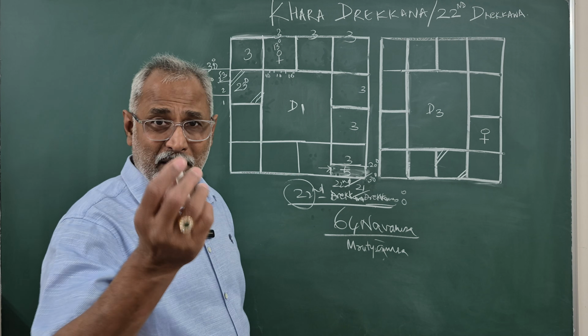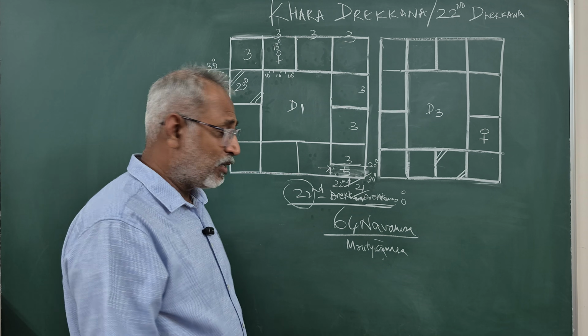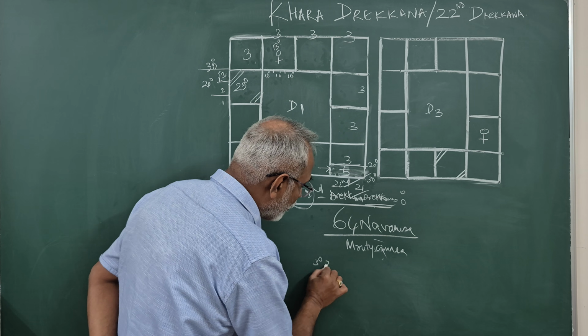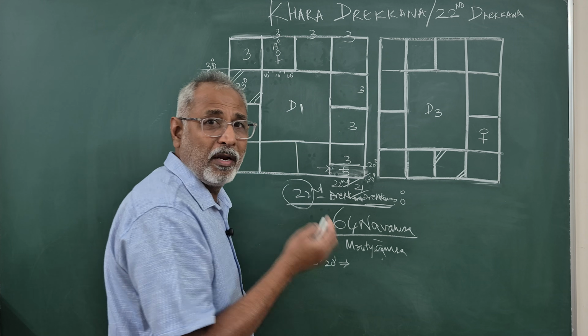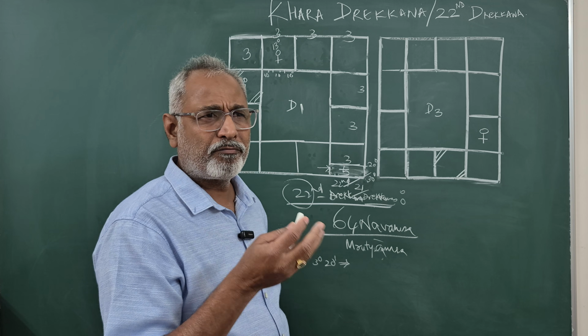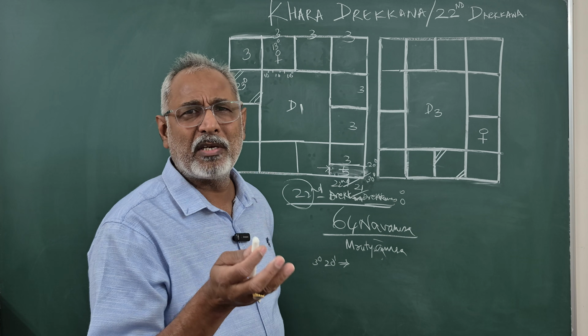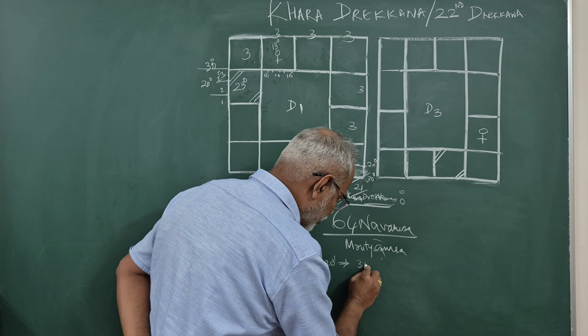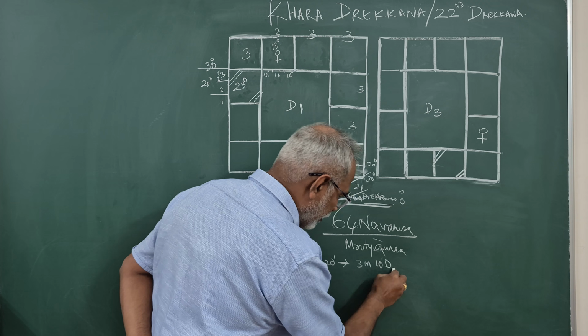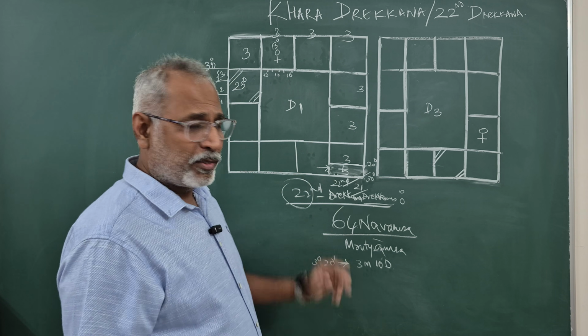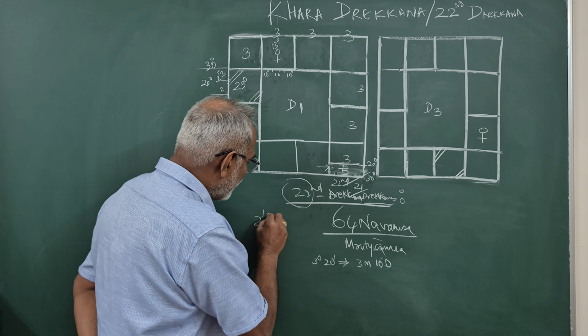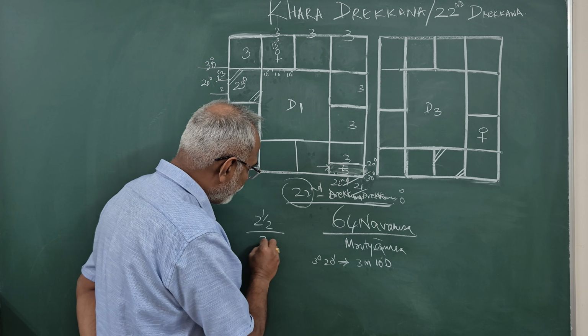So, as we had discussed in the 64th Navamsha class, for 3 degrees and 20 minutes of one Navamsha, it takes around 3 months and 10 days. So, here it is 10 degrees. So, that is 2.5 years of Saturn divided by 3.